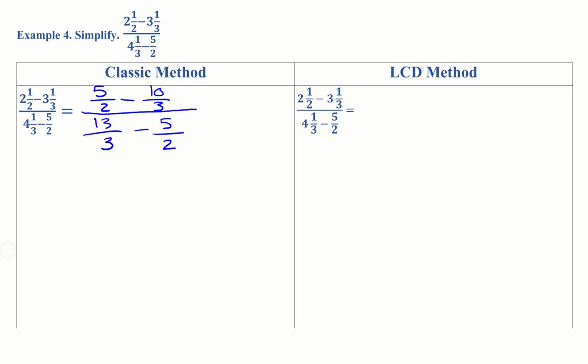So now we're going to find the LCD on the top between these two fractions. That's just going to be 6, correct? So we get 6, and now we're going to go ahead and multiply 2 by 3 to make it 6. So of course we know we immediately have to do the same to the top of that fraction.